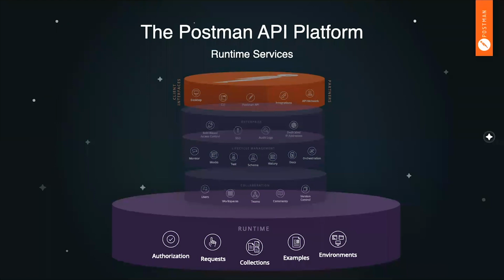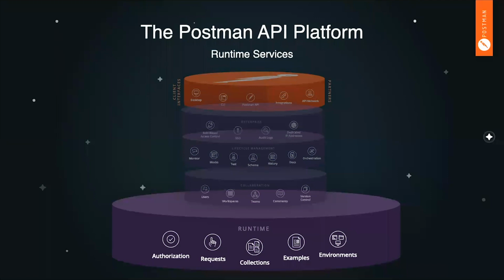But everything with Postman, no matter what interface you're working through, really begins with the runtime. The runtime is the core engine of what is happening. It is those requests that are organized into collections that have authorization defined either at the request, the folder, or the collection level.